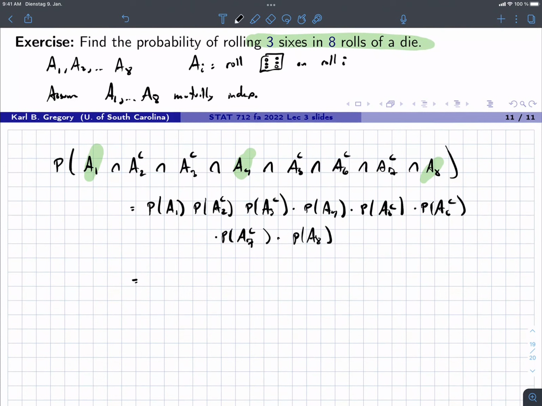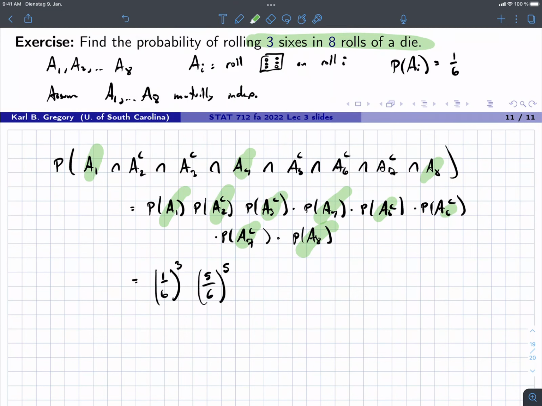For each one of these, the probability of Ai is equal to 1 out of 6. And so I get 1 out of 6 to the power 3, because there's 3 times that I'm rolling a 6, and then 5 out of 6, the probability of each complement, raised to the power 5.